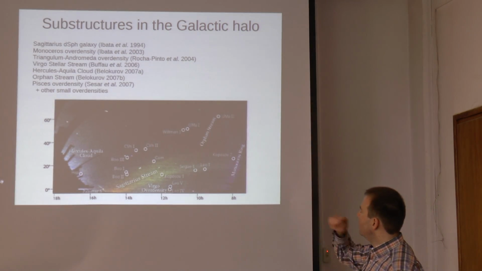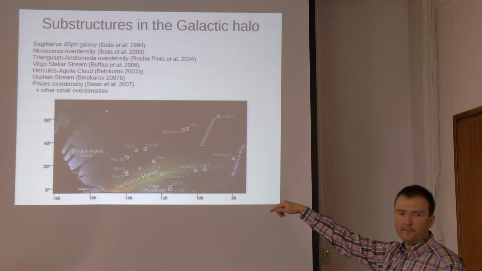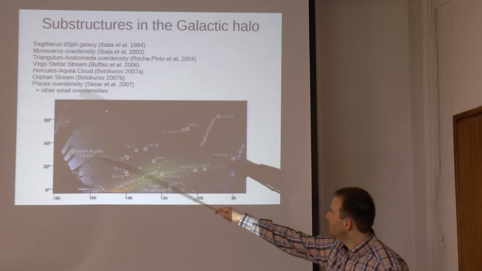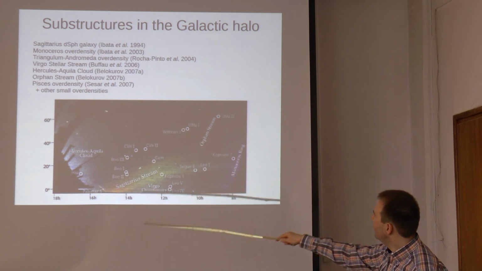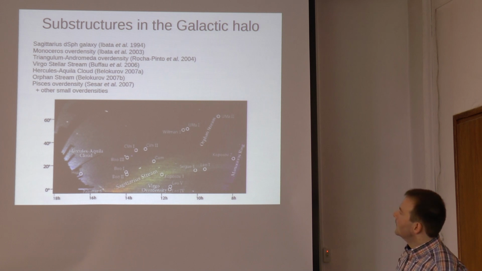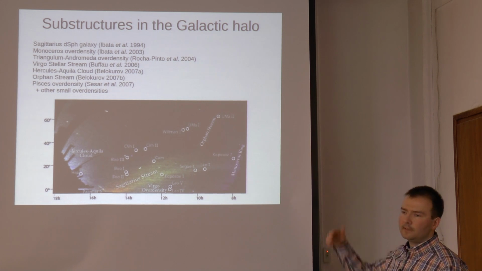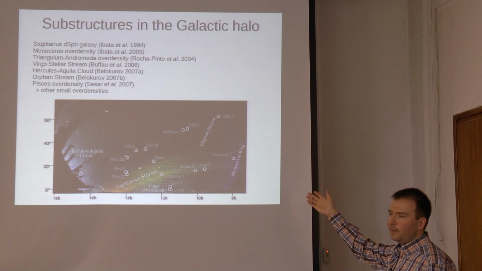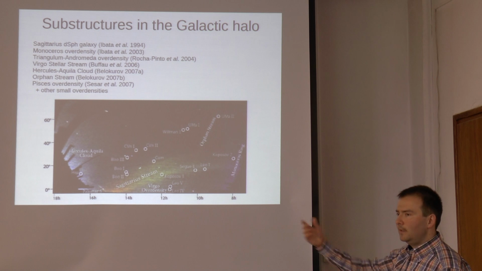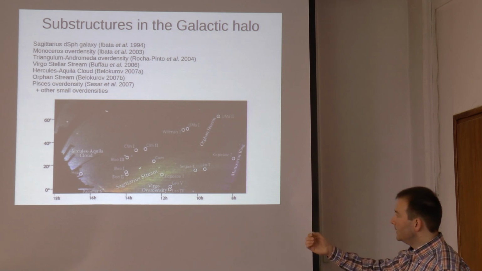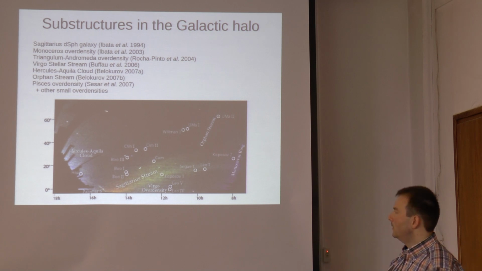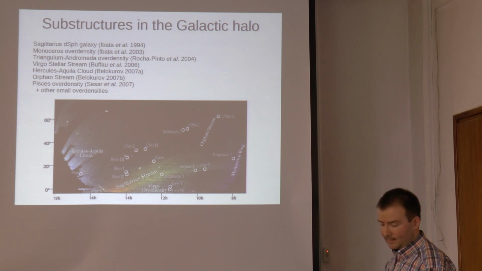This is from the Sloan Digital Sky Survey view, a big portion of the sky. You can see here the streams, overdensities in the galactic halo. This is the evidence for the continuous formation of the Milky Way: small dwarf galaxies are accreted all the time and disrupted, the ones that are close to us.